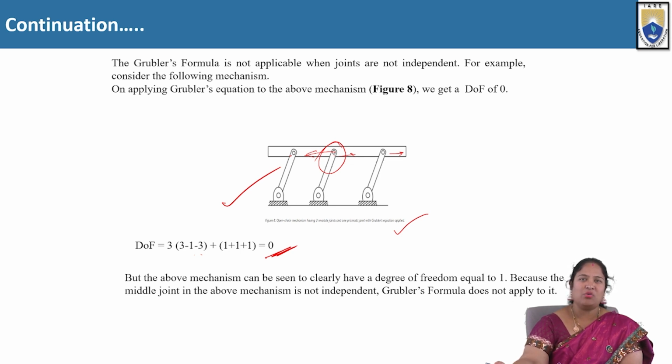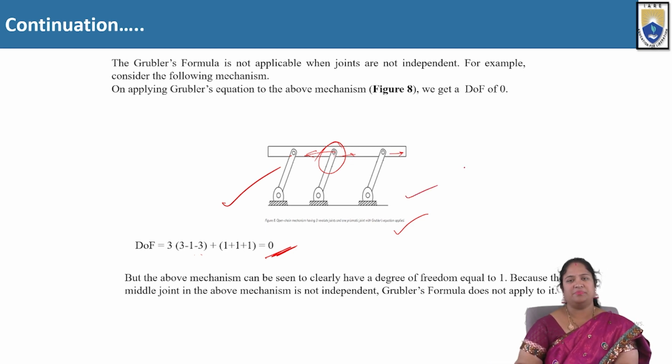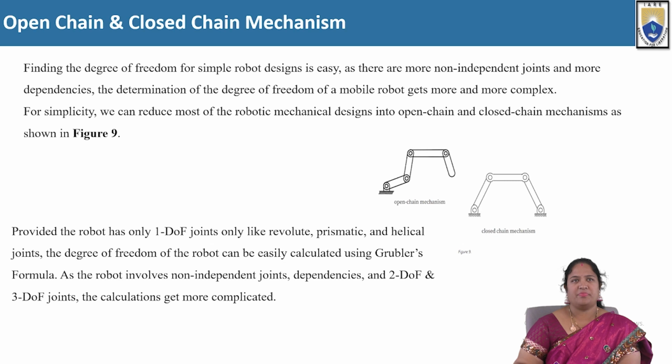When the joints are dependent on each other, at that time the Grubler formula will not be applicable for that particular mechanism. Clear? So the Grubler formula does not apply to this particular type of mechanism.